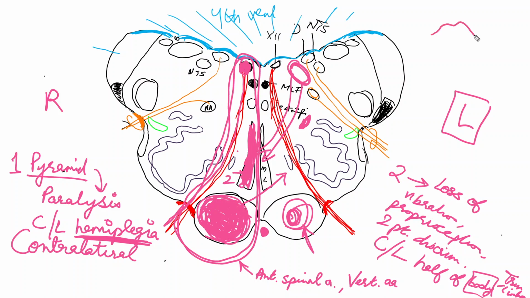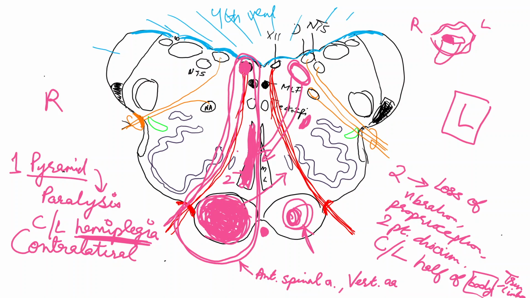So if this is the patient's open mouth and this is the patient's tongue, if you are looking at the patient's right side and left side, then the patient's right half of the tongue will be paralyzed. But if we ask the patient to protrude, the tongue will deviate not to the normal side, but to the paralyzed side only.